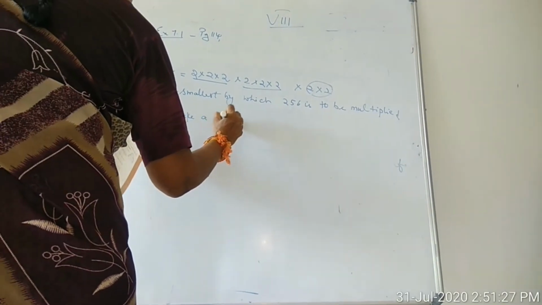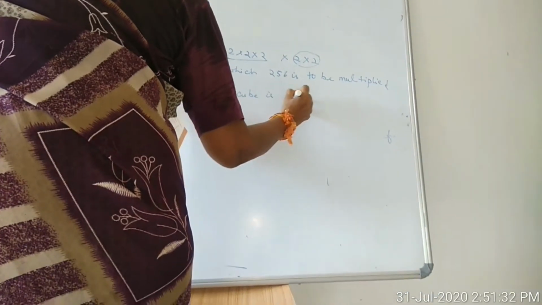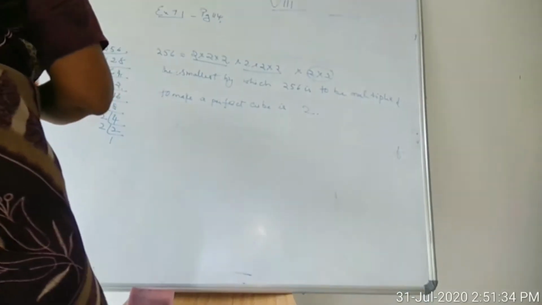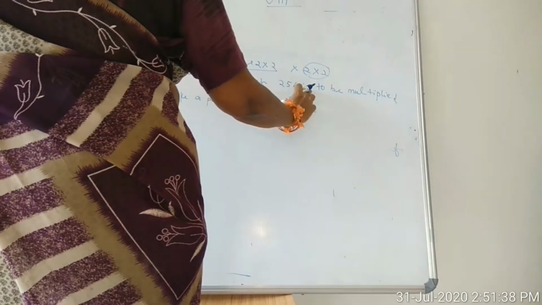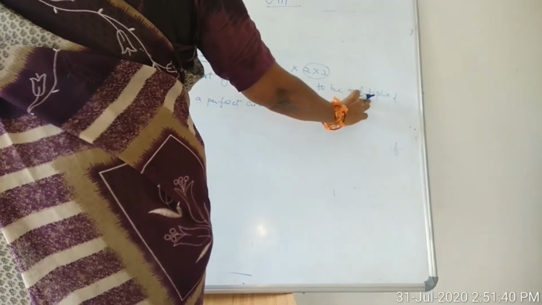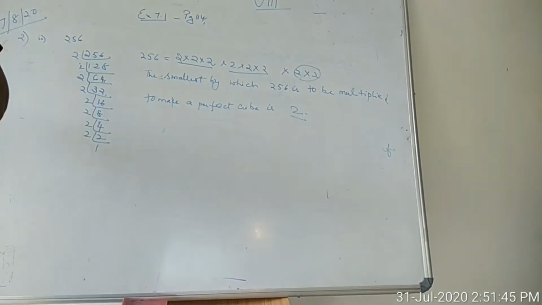How many 2's do you require, children? 2. Yes, the smallest number by which 256 is to be multiplied to make a perfect cube is 2.